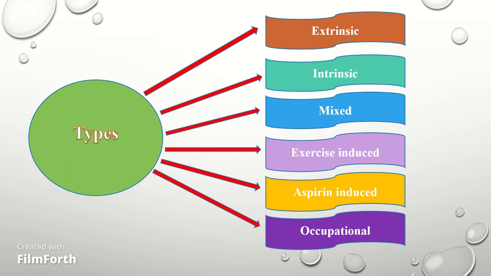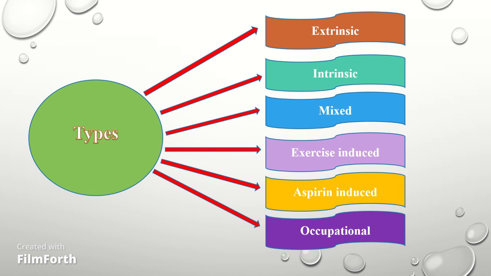The body releases an antibody called immunoglobulin E. The release of this antibody leads to inflammation and leads to symptoms of asthma. Children with extrinsic asthma have a positive skin test to the offending allergen and a positive family history for asthma.